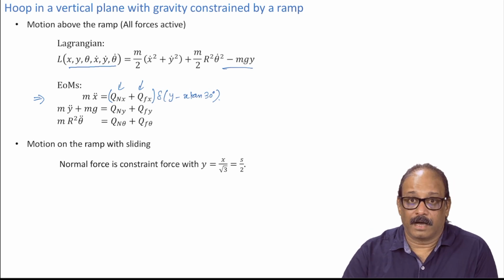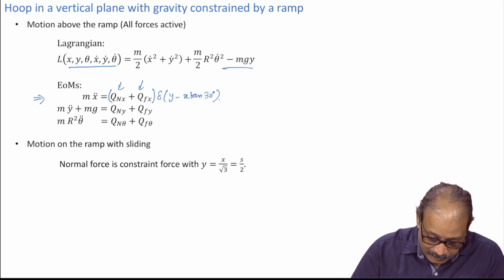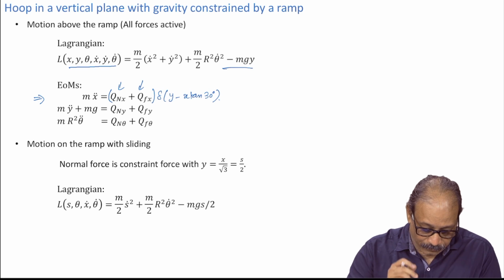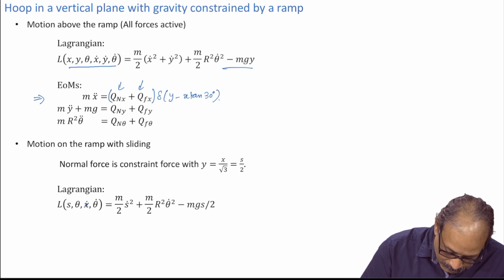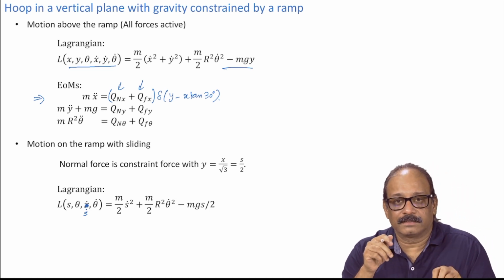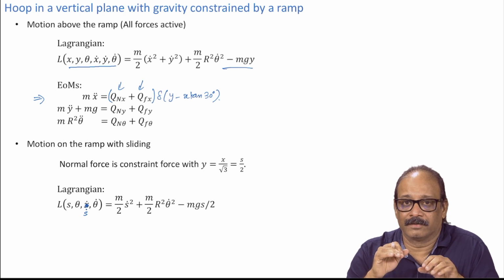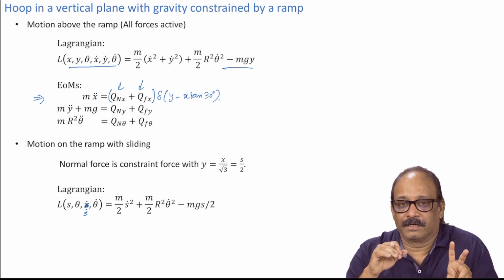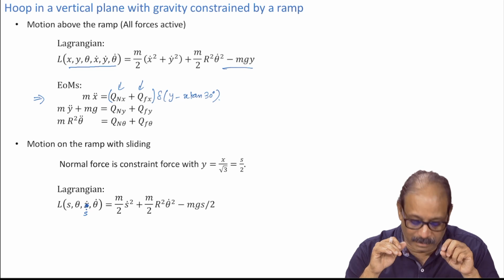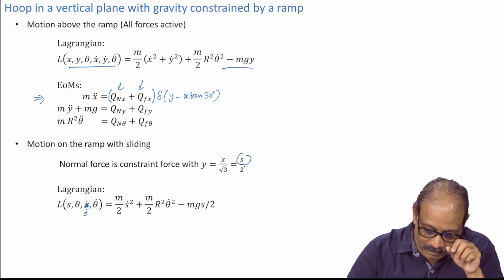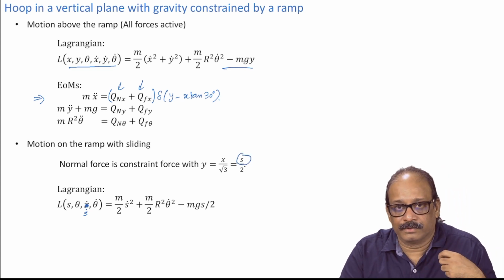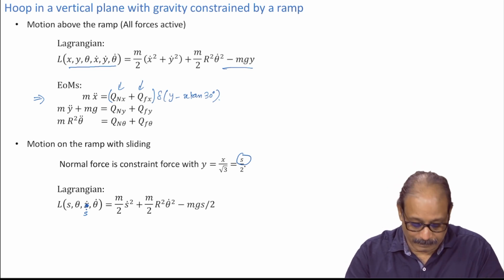Okay. Now, the Lagrangian is written as a function of s and theta. Remember, the degrees of freedom have reduced to 2 for this kind of motion. I need only 2 generalized coordinates. So, one of the generalized coordinates is going to be s, and the other one is theta.